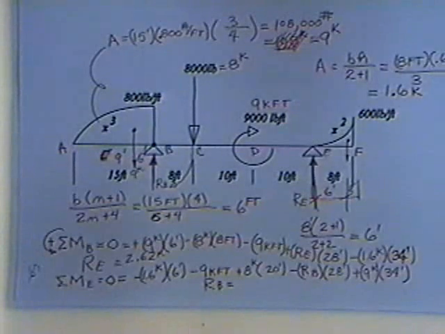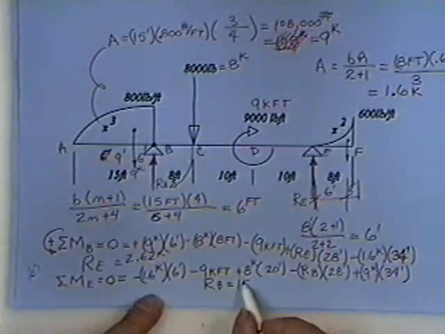I have to pull up my calculator here, Kelly. Minus 1.6 times 6 minus 9 plus 8 times 20 plus 9 times 34, divided by 28. I'm getting 15.98 for the other one.